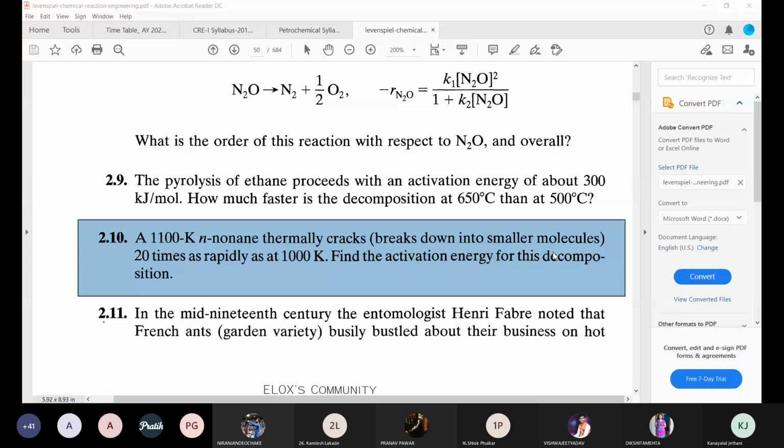ठीक है सो लेट्स सॉल्व इट. इजी है बहुत, ये भी लेट्स सी.